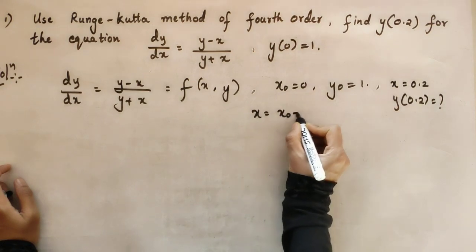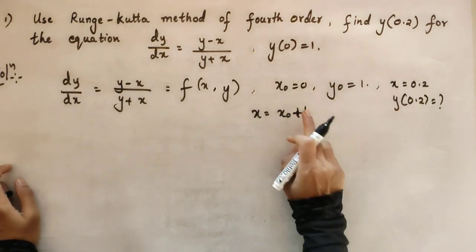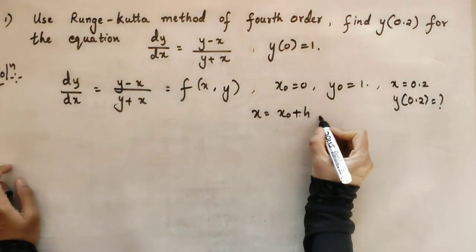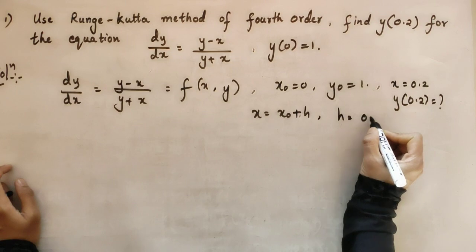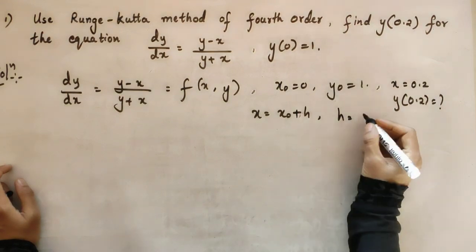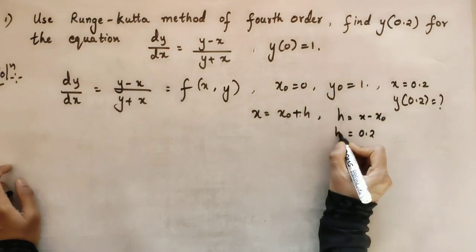X is x naught plus h, is it not? X naught is 0, x is 0.2 here. So h is 0.2. You can take it as x minus x naught, which is 0.2 minus 0, so h is 0.2.